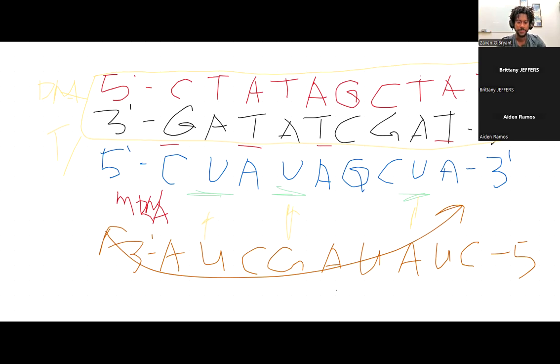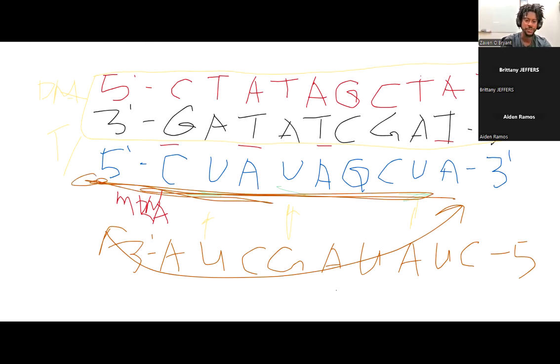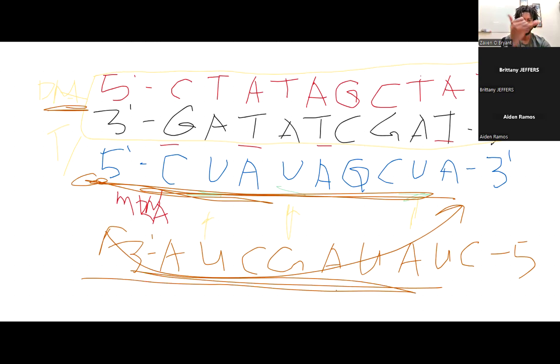The one that's in blue is mRNA. So this strand right here, this is mRNA, and the two top ones, those are DNA. This bottom one in brown, that's also mRNA, but what I did was I just switched it. Like I literally flipped it 180 degrees.